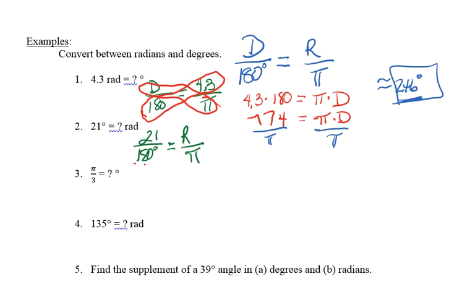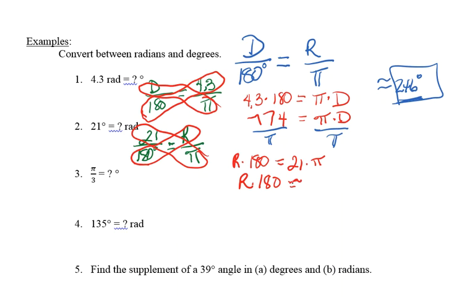I'm still just cross multiplying. So R times 180 equals 21 times the pi symbol, which is approximately 65.97.